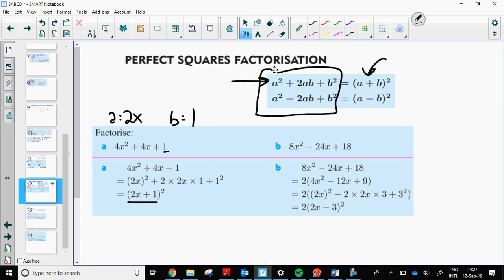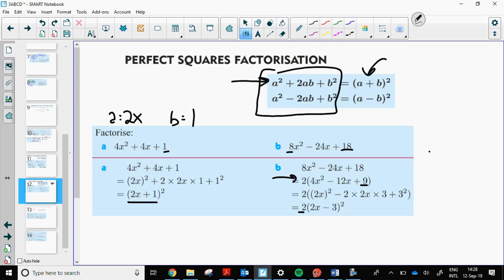On the right, this is another one where we're going to have a common factor first, because 18 is not a perfect square, 8x squared is not a perfect square, but all three of these numbers, 8, 24, 16, 18, they're all divisible by 2, so we take out a common factor. So we got a 2 out. And I know the 2 is going to be part of my final answer. What's left inside? 4x squared minus 12x plus 9.